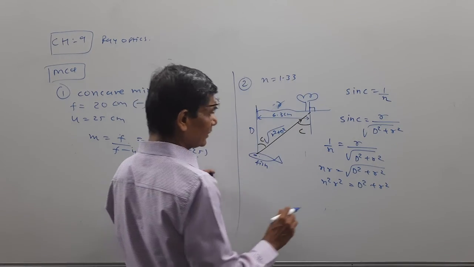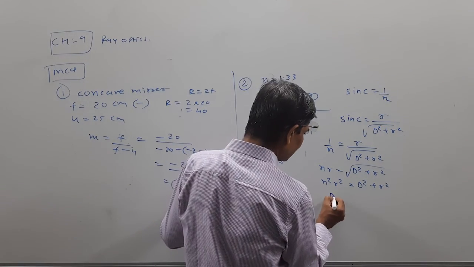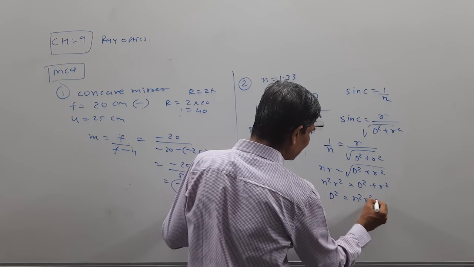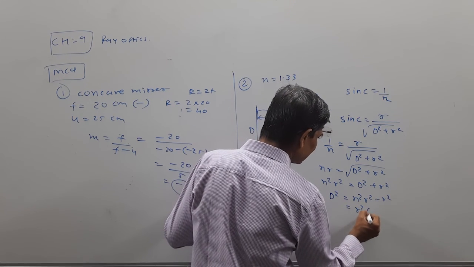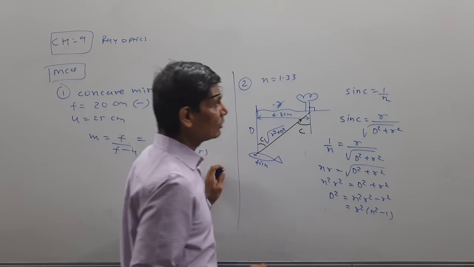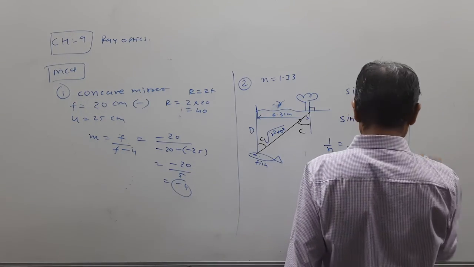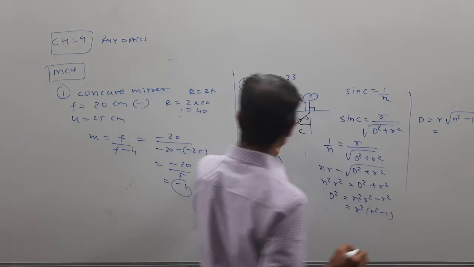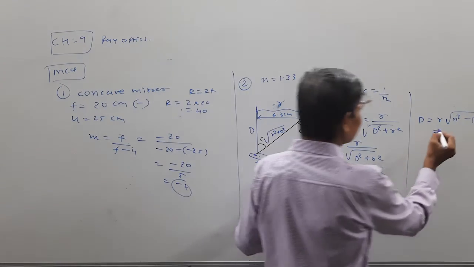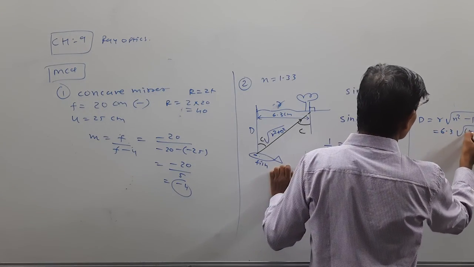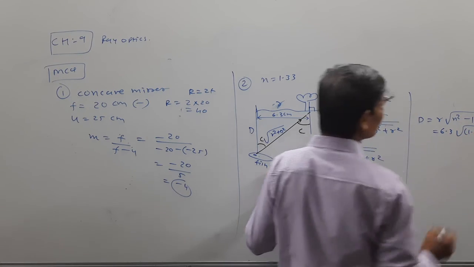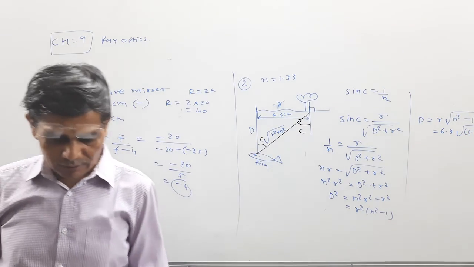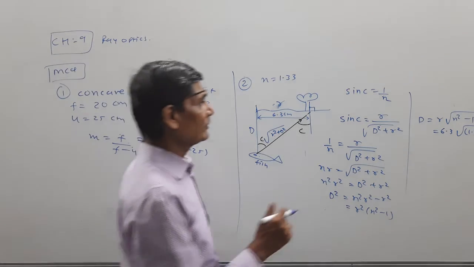Now d square will be n square r square minus r square, that is r square into n square minus 1. So what is the value of d we are getting? r into under root of n square minus 1. See, this distance r is given as 6.3, the refractive index is 1.33, and if we solve, it turns out to be 5.52.